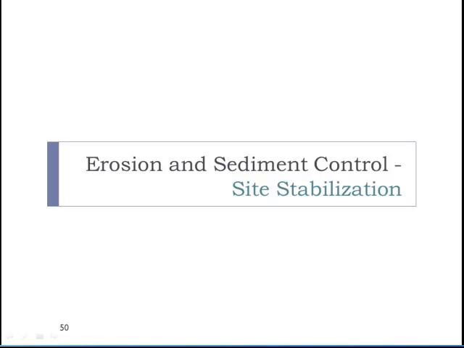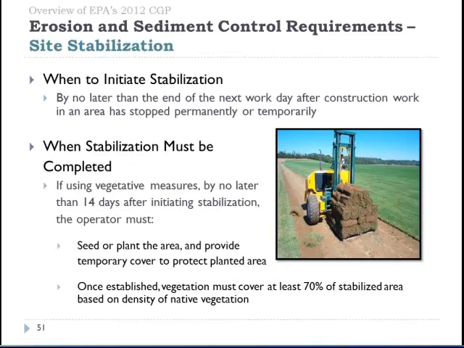Lastly, there's a set of controls affecting site stabilization, and these are also under the heading of erosion and sediment controls. And the C&D rule, you may recall, included requirements affecting when stabilization needs to be initiated, and it also instructed permitting authorities to establish deadlines for completing stabilization.